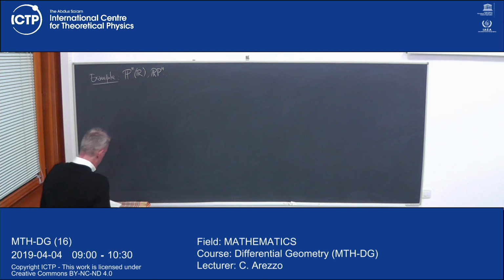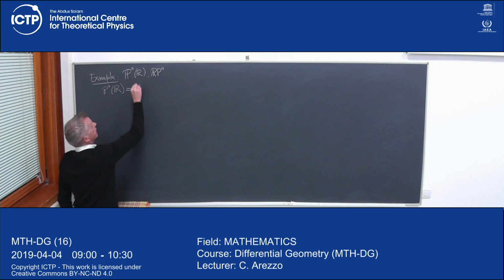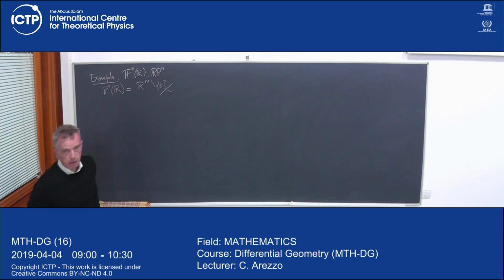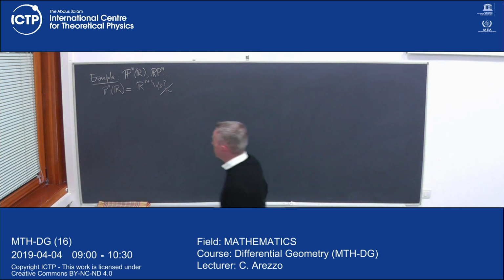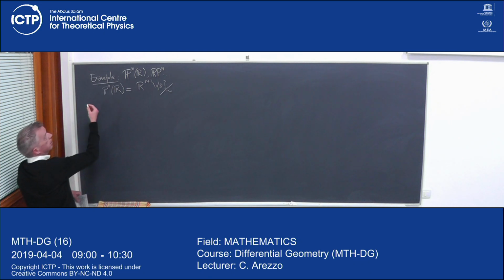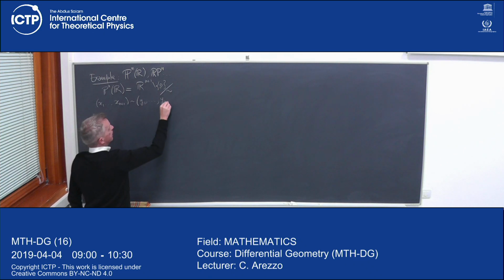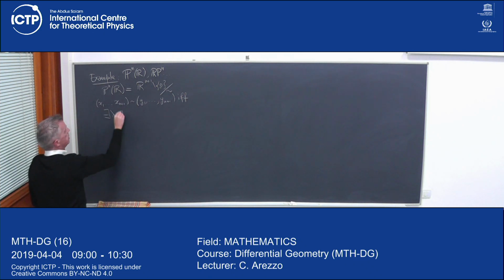Let's be a bit more algebraic. As a set, P^n(R) is by definition R^(n+1) minus the origin, quotient an equivalence relationship, minus the origin, because otherwise the equivalence relationship I'm going to write is not an equivalence relationship, where I say the two points (x1, ..., x_{n+1}) is equivalent to (y1, ..., y_{n+1}) if and only if there exists lambda, a non-zero number, such that they are one multiple of the other.